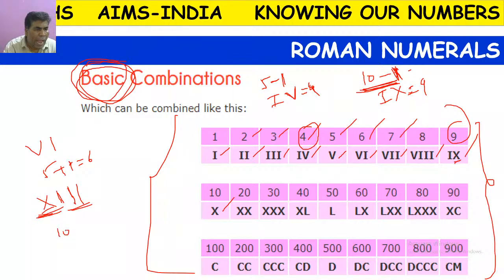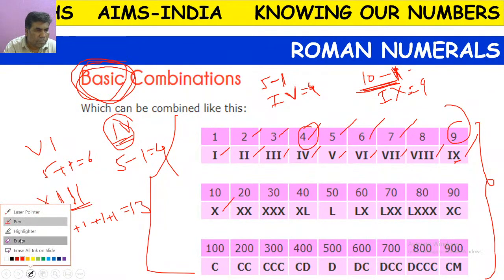So then we have to add 10 plus 1 plus 1 plus 1. That is equal to 13. When the smaller number is written first and the bigger number after, then what we have to do? We have to subtract the smaller number from the bigger number.